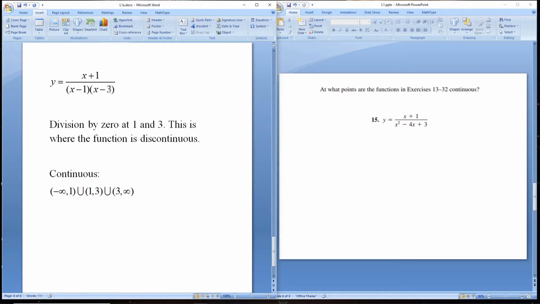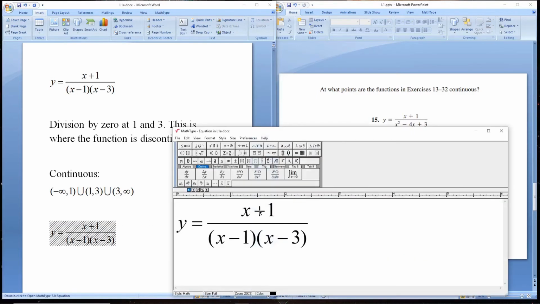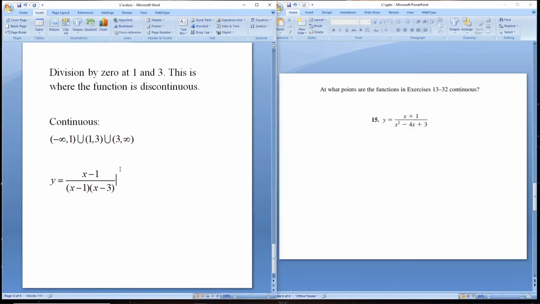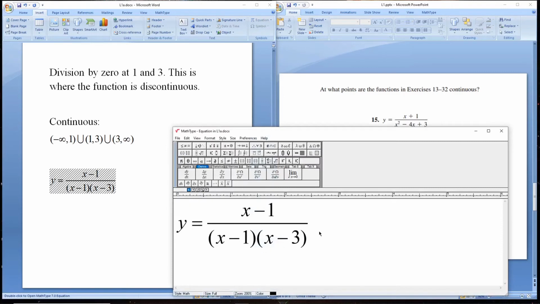Now I do want to say something really quick about holes, because holes are also when you have a division by 0. And I'm going to change this plus to a minus though. So I'm just going to make up a different one. Now in this case, the x minus 1s will divide out.